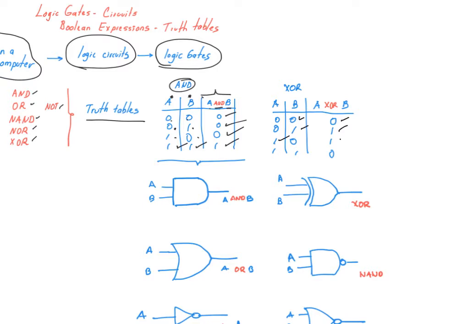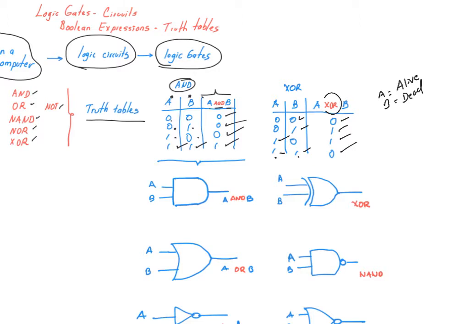But if both are true, it's false, right? We gave an example where A is I'm alive, and B is I'm dead. So I can't be both alive and dead at the same time, right? So we use an XOR logic for that.